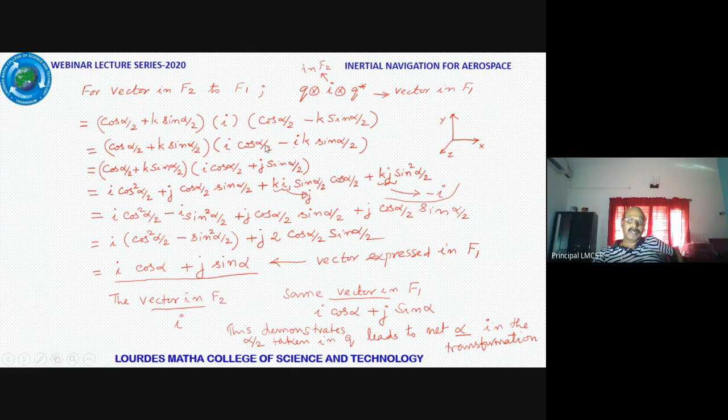This is simply an algebraic expansion. The only place where it comes is Ki; you have to substitute the cross product: Ki is J, and Kj is minus I. You substitute those things. Then you get I into something, J into something. That is nothing but I cos alpha, j sin alpha.